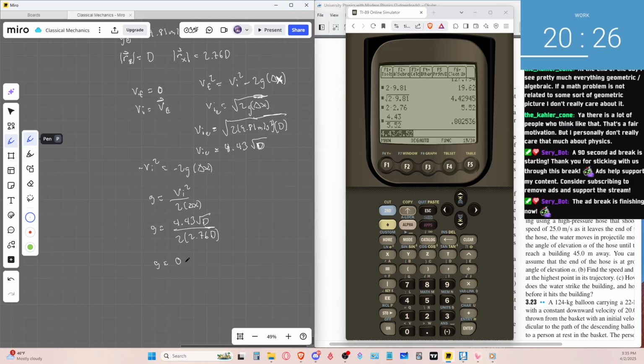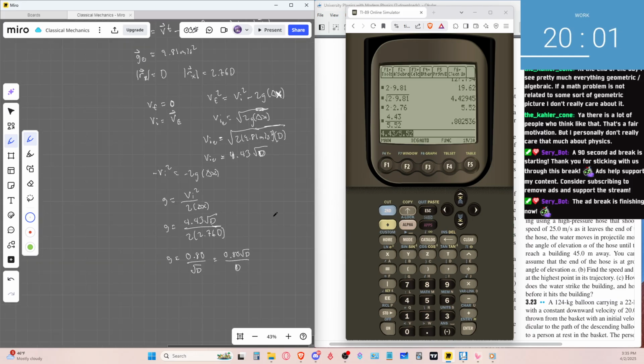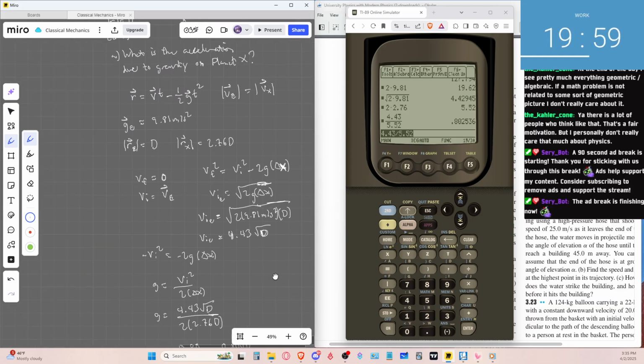So that's left with 80, and then that is over the square root of d. If we want to make it more elegant, we can just do this. That's how I would logically break down the problem. I don't know if it's right though.